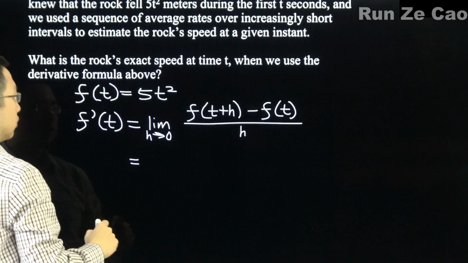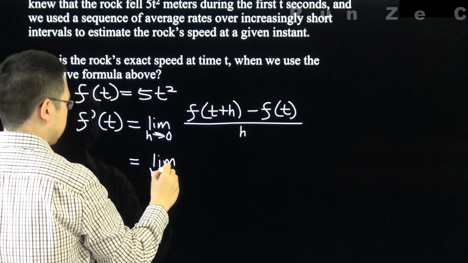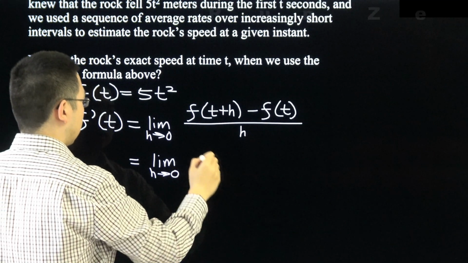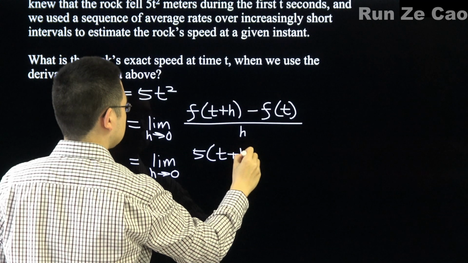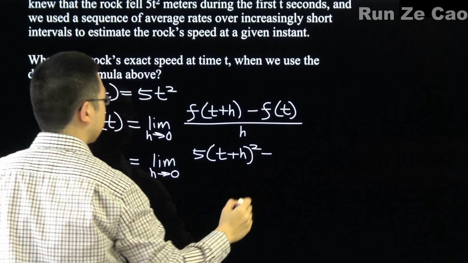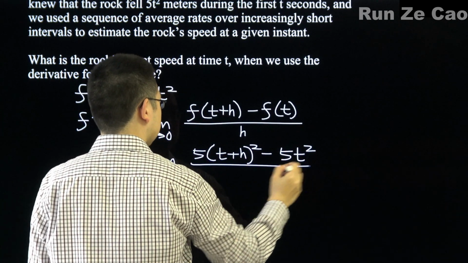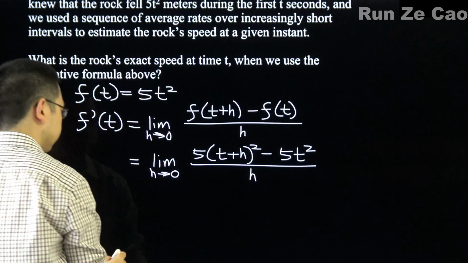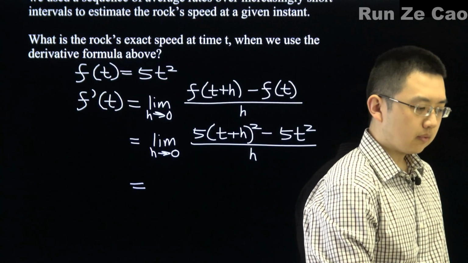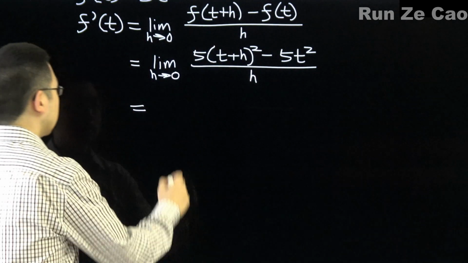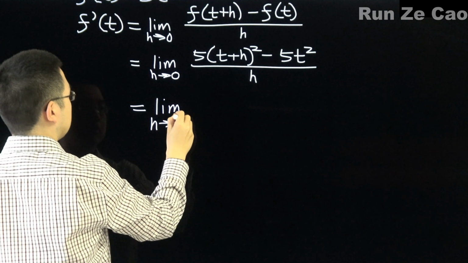So this is equal to limit as h approaches 0 of 5 times t plus h squared minus 5t squared. This is all over h. So this is going to be limit as h approaches 0.